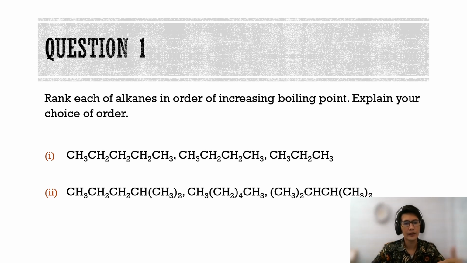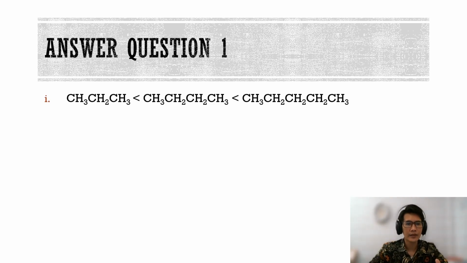Okay, but for the second question, the alkenes have the same molecular formula. Alright, so how to describe the boiling point of these alkenes? Okay, we go for the first question, which is different length of the alkene.